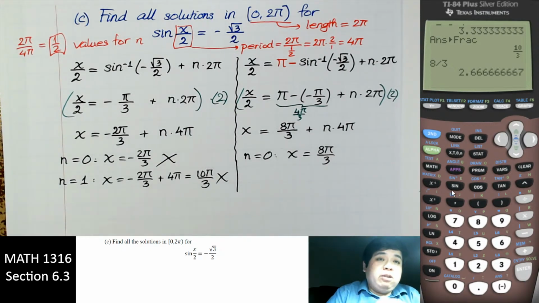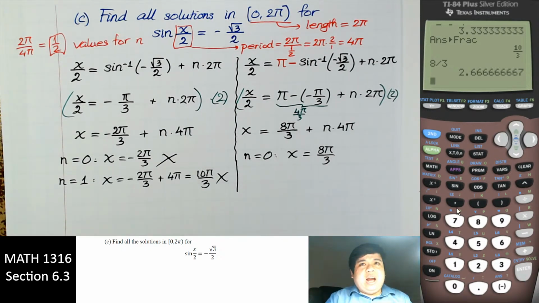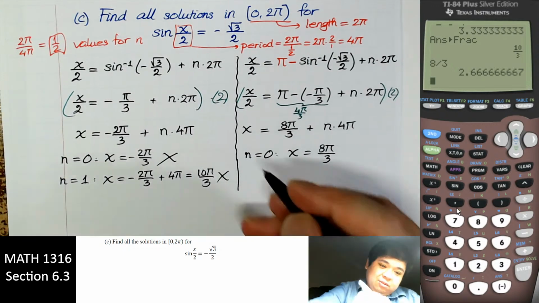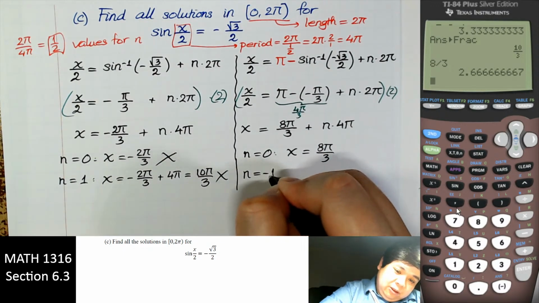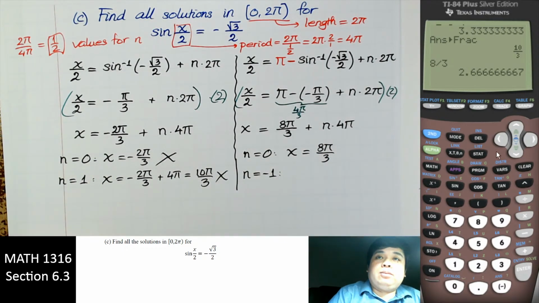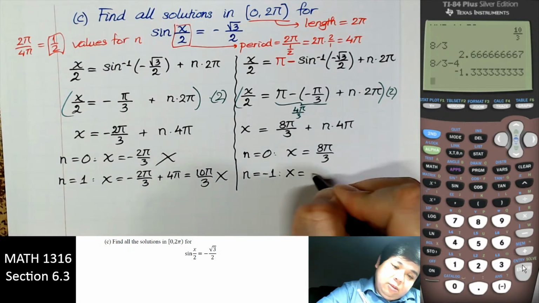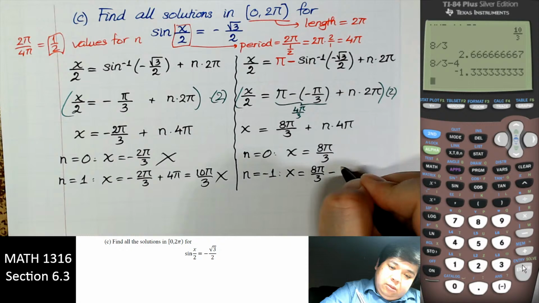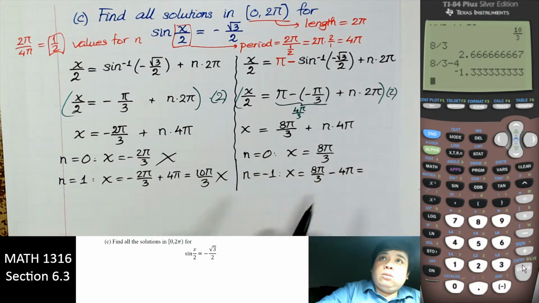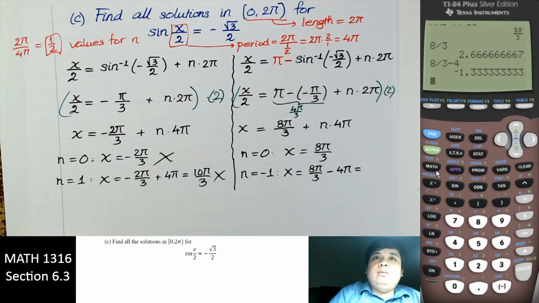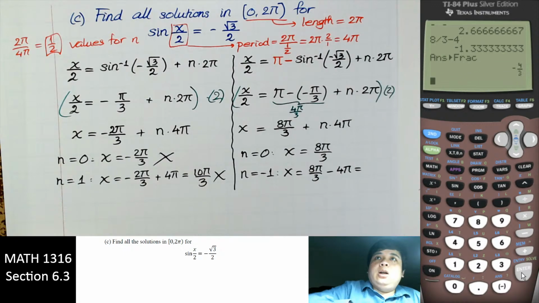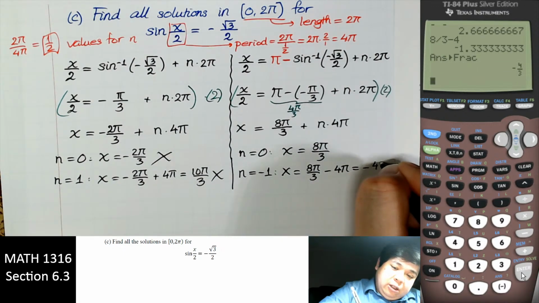So if we just keep adding it, it doesn't help, so we have to go back. 8 pi over 3 minus 4 pi, so that is negative 4 pi over 3.